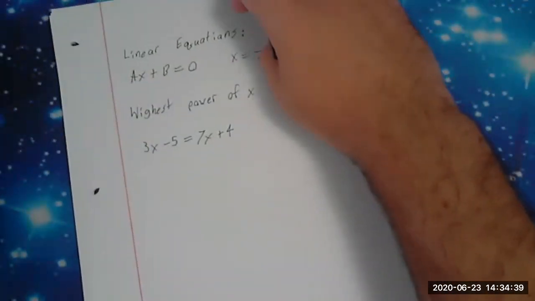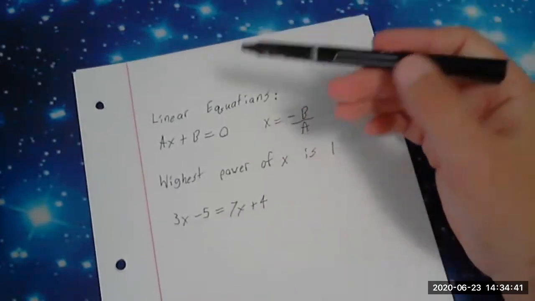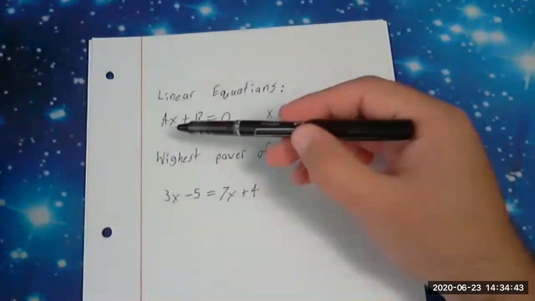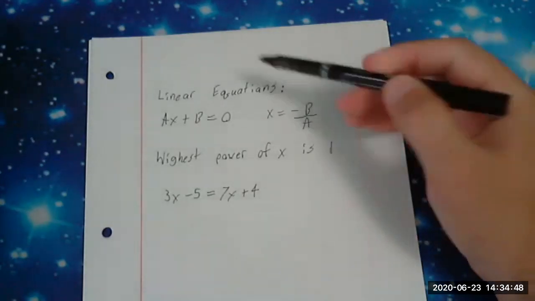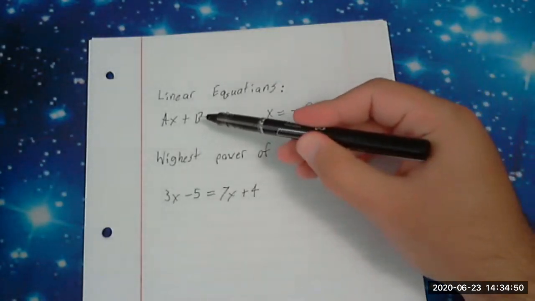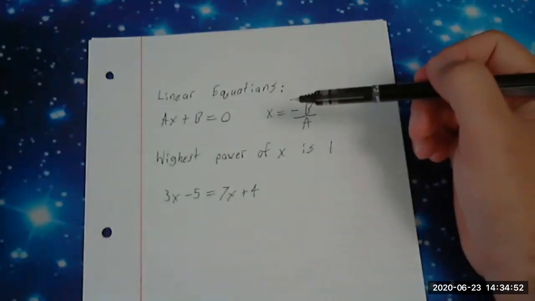We know that the solution to something that looks like this is always negative this number divided by this number.